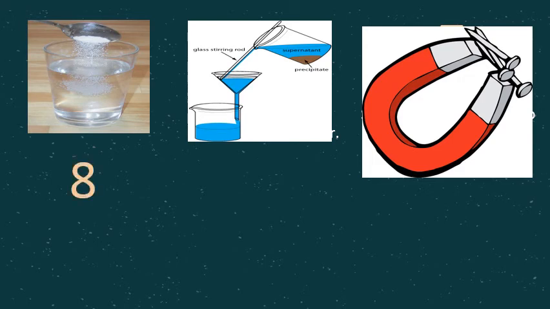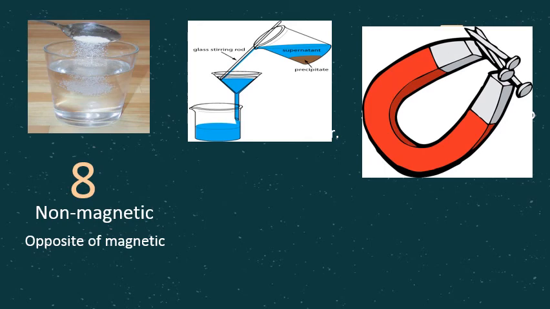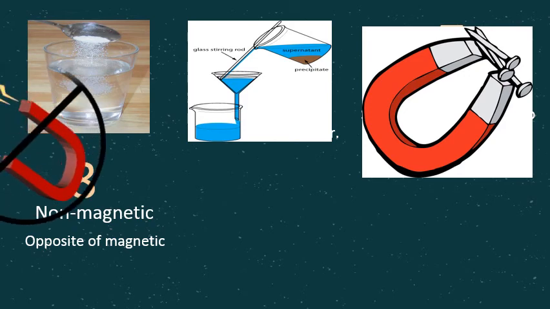Then we have number eight, non-magnetic. Yes, you've guessed it. It is the opposite of magnetic. So it's the opposite poles. It pushes away the magnetic field.